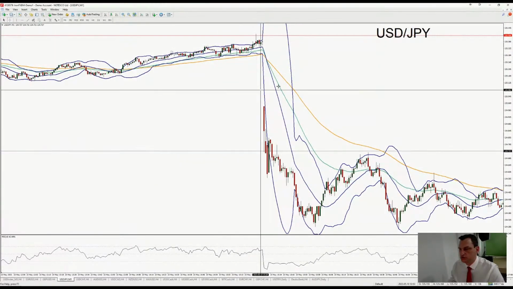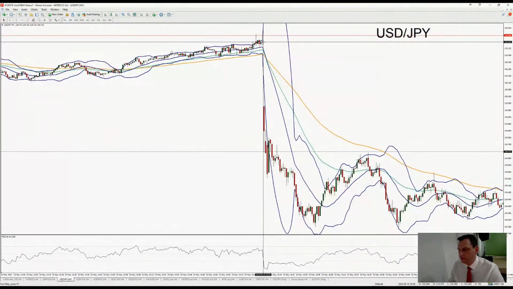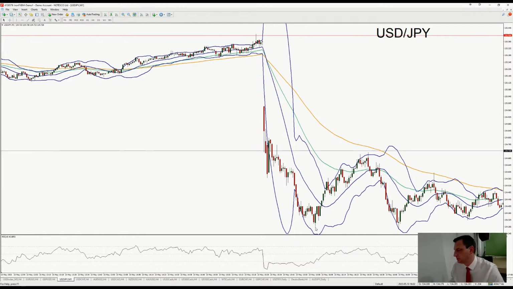which practically was produced by the release of the US CPI rates. Over the next half hour after the release, 1 hour after the release, we had a drop of over 108 pips. So that was an issue.